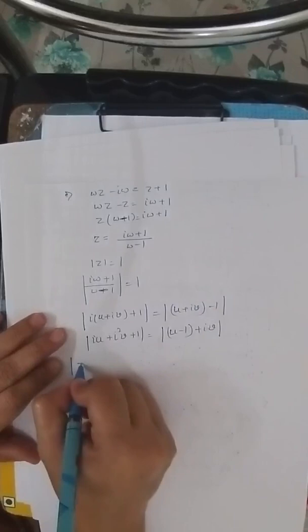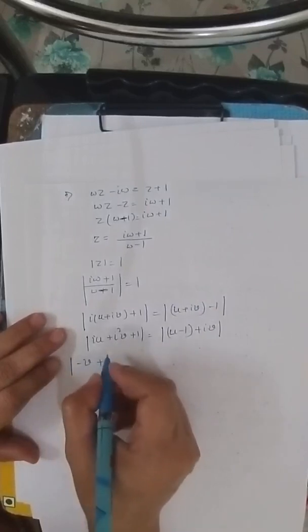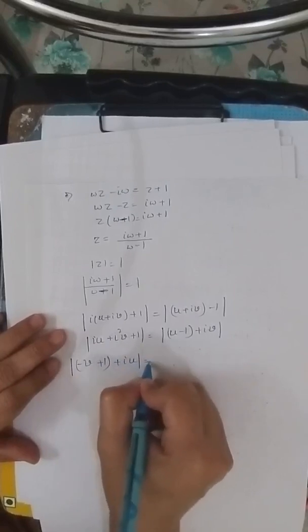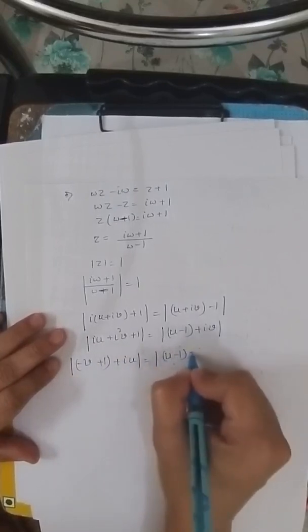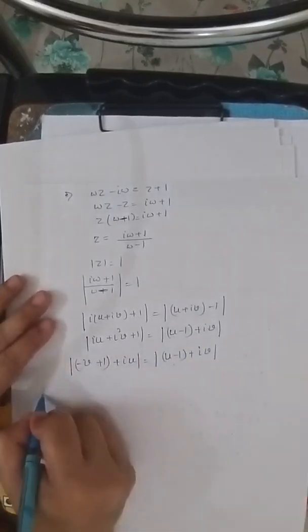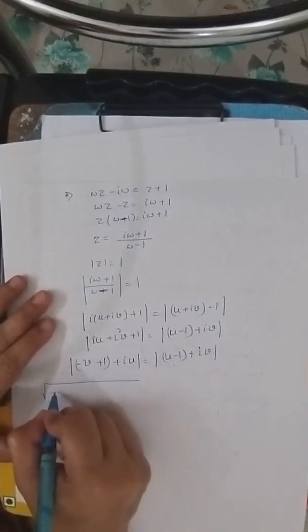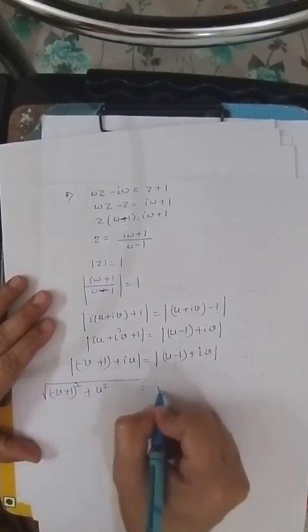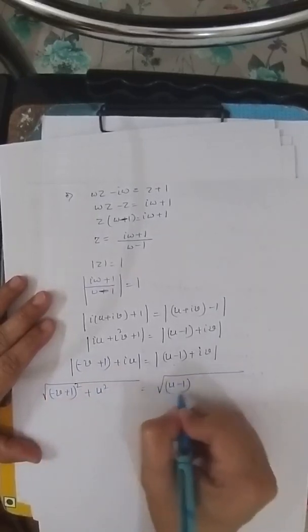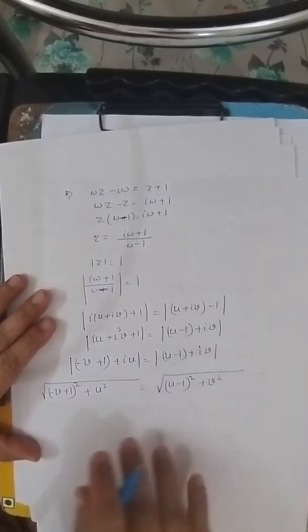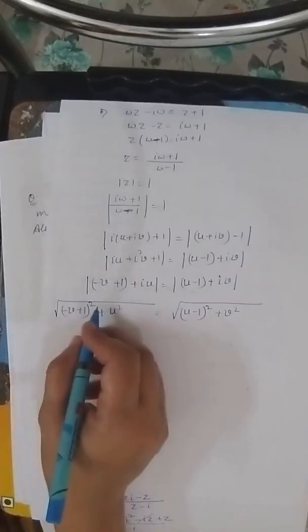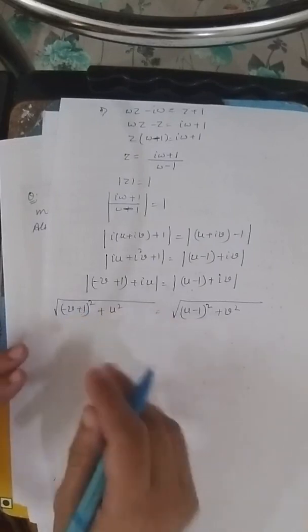That is |−v+1+ιu| = |u−1+ιv|. Therefore √((−v+1)²+u²) = √((u−1)²+v²). Squaring both sides, the square roots cancel out.